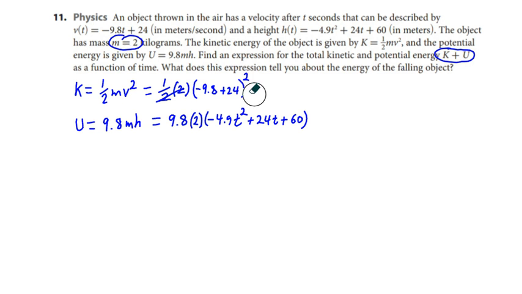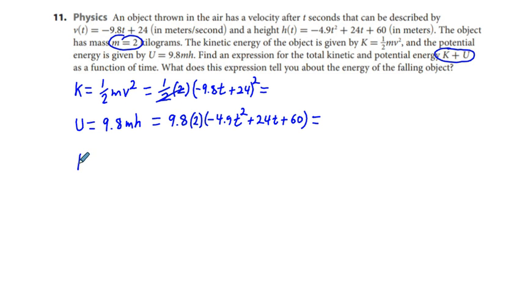Over here, what I did is I omitted this negative 9.8t plus 24 squared. And then you work this all out, and you will get a value for K and a value for U. Then you will add these two together and you'll be able to cancel out a bunch of stuff.